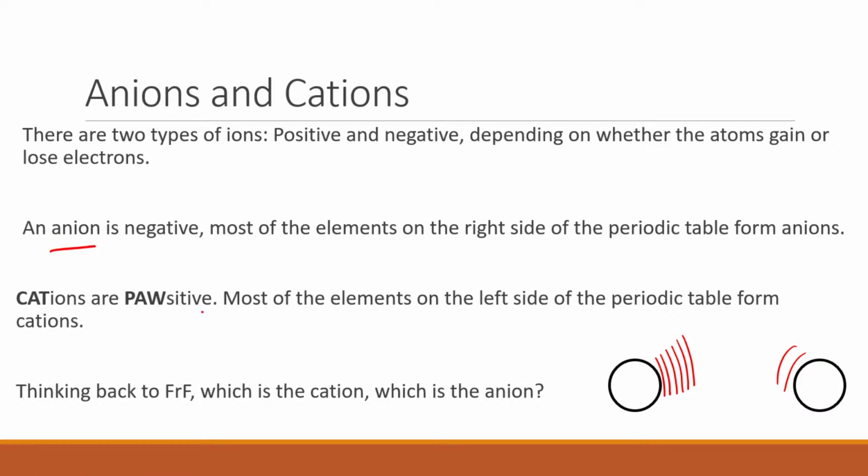An anion is a negative ion. A cation is a positive ion. So it doesn't actually represent anything new, it's just a new word for an old concept.